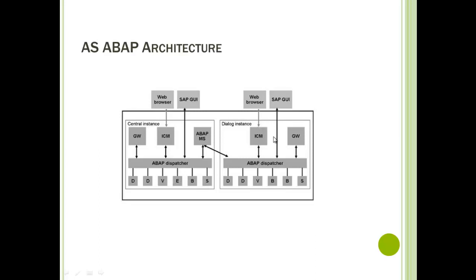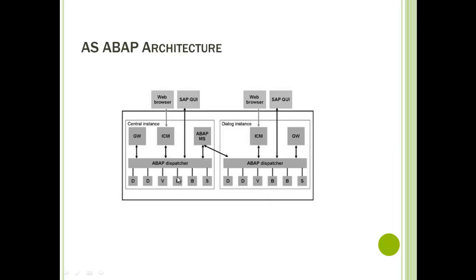However, in the dialog instance, you can see dialog, update, background and spool, and you don't have enqueue here. Enqueue is only in the central instance. So the main difference between the central instance and the dialog instance is that you do not have the message server and you do not have enqueue.